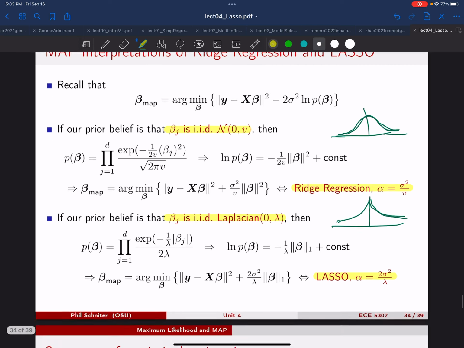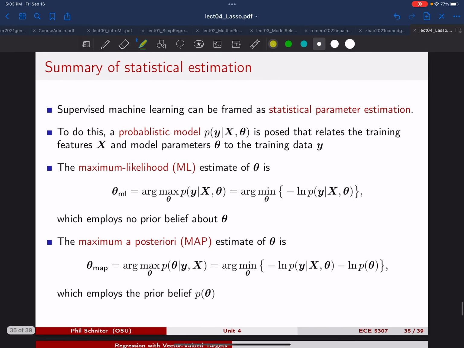All right, so just to summarize then, we have this new way of thinking about machine learning, statistical parameter estimation. So we build a probabilistic model, or we assume a probabilistic model that relates the targets and the features and the unknown parameters using some conditional PDF. We define maximum likelihood.